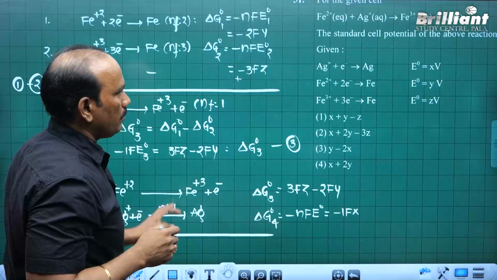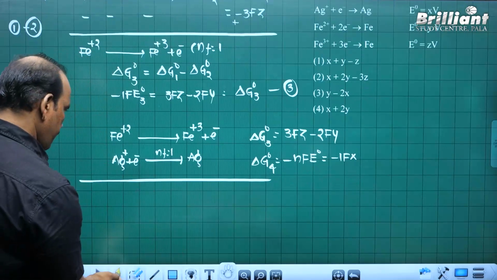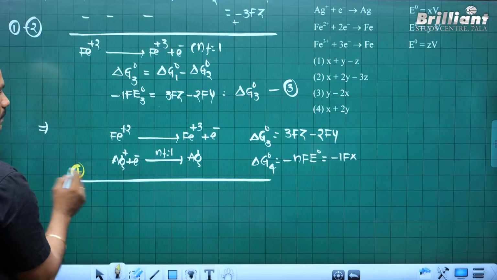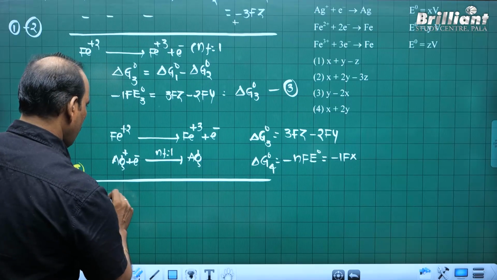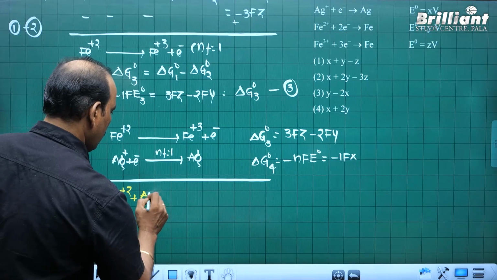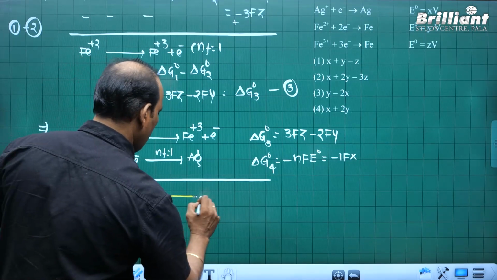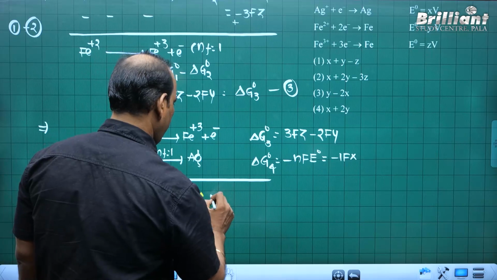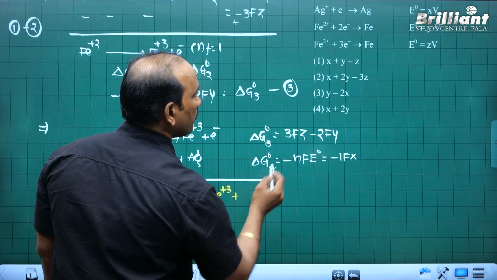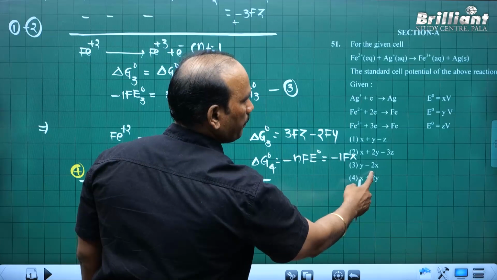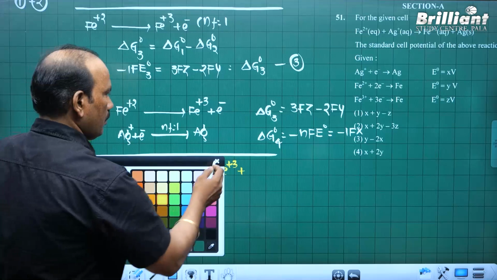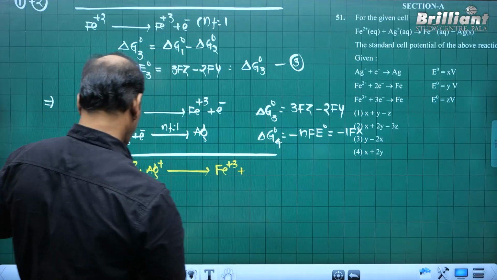Now, adding, this is Fe2+ plus Ag+ gives rise to Fe3+ plus Ag, okay. Now what is the value of this one?